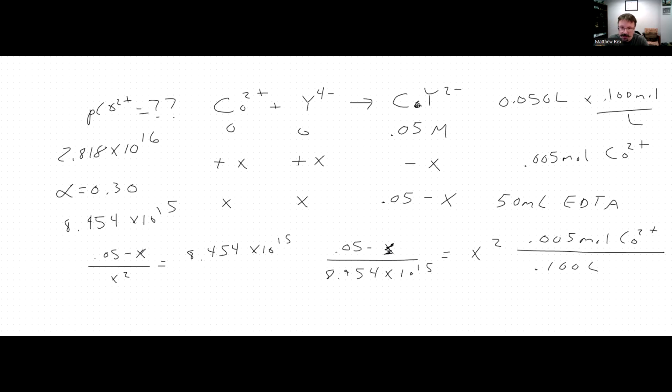So if I take 0.05 divided by 8.454 times 10 to the 15th, I get 5.914 times 10 to the negative 18 equals x squared. I take the square root of each side, which gets me 2.43 times 10 to the negative 9. And if I do the negative log of that, I get 8.61.